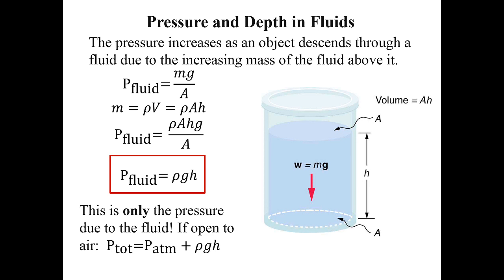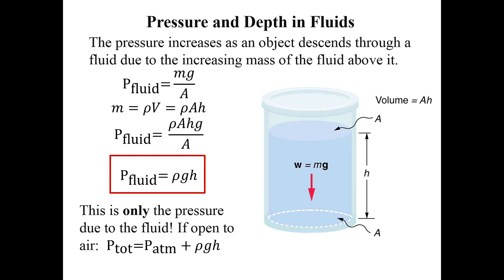Notice that this is only the pressure due to the fluid. For example, if you have a pool under atmosphere, the pressure will be the sum of the pressure caused by the depth of the pool plus the atmospheric pressure. Let's say you are 5 meters below the surface of the water. That means that the pressure is 1,000 kilograms per cubic meter times 10 meters per second squared times 5 meters, which gives you 50 kilopascals, which is roughly half an atmosphere.